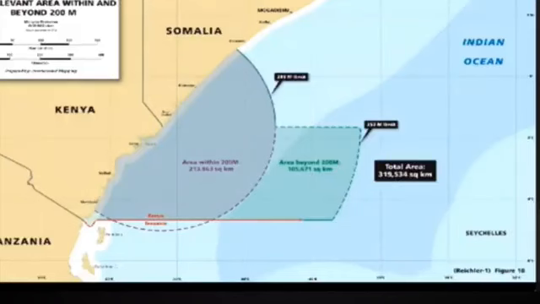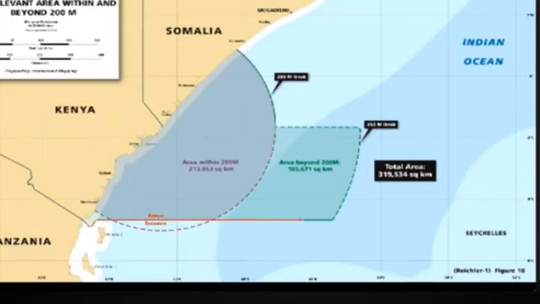The equidistance line thus allocates more maritime space to Kenya than it would merit if the distribution was strictly proportional to the ratio of the lengths of their relevant coasts. There is thus no significant disproportionality here, let alone one that is unfavorable to Kenya.